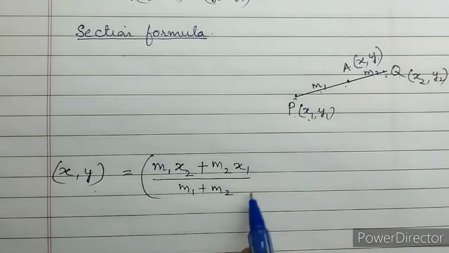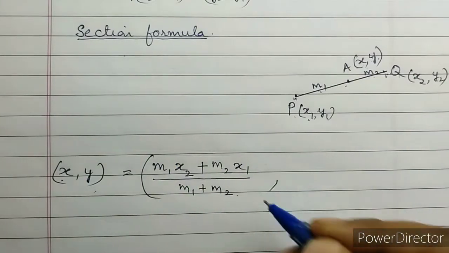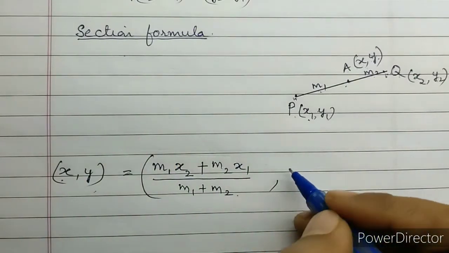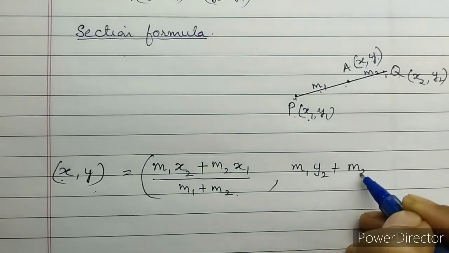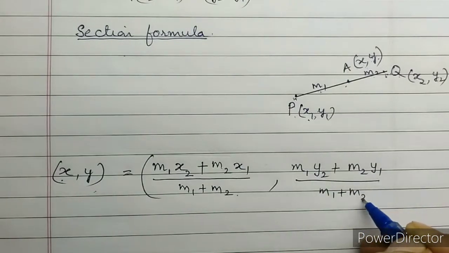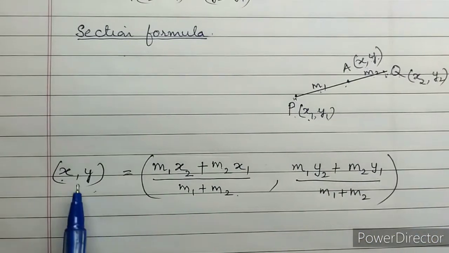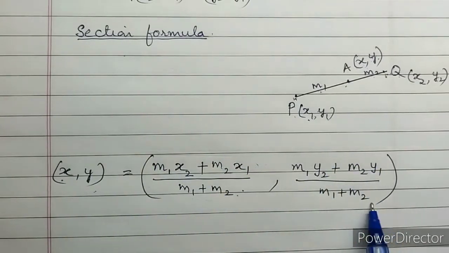This is the first coordinate, that is x equals this. And the next coordinate, the y coordinate, is m1 y2 plus m2 y1 by m1 plus m2. So x is this value, y is this value. You are getting the coordinates. So this is called section formula.